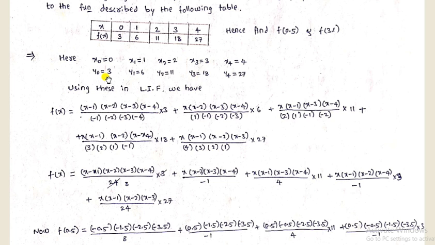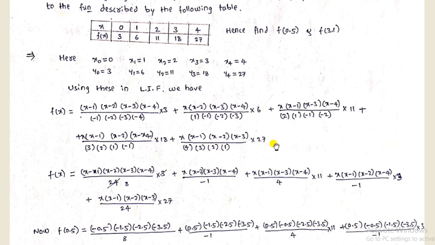into y0, y0 is 3, plus the next term. Here x minus x0 is absent, then the second term is (x minus x2)(x minus x3)(x minus x4). Now the denominator term is x1 minus x2, x1 is 1: (1 minus 2)(1 minus 3)(1 minus 4) into y2.